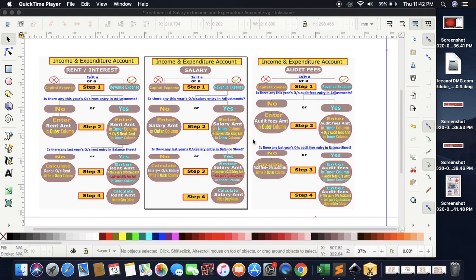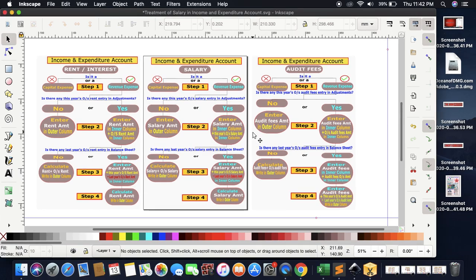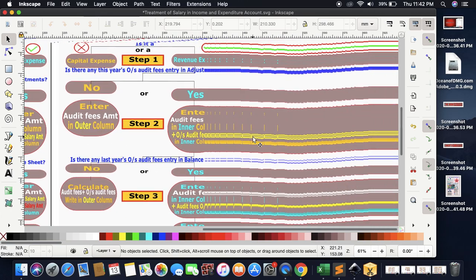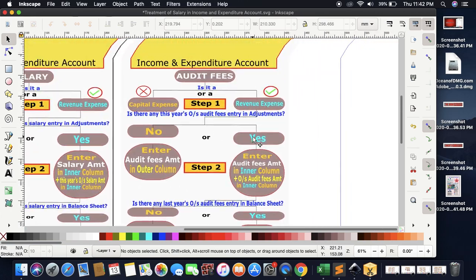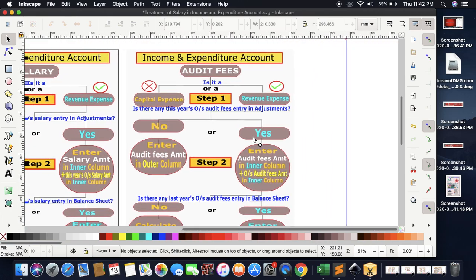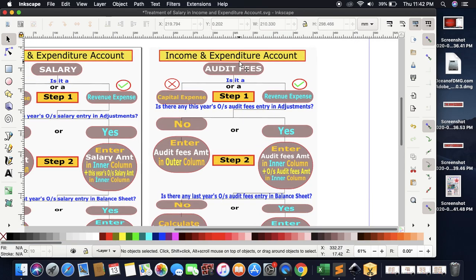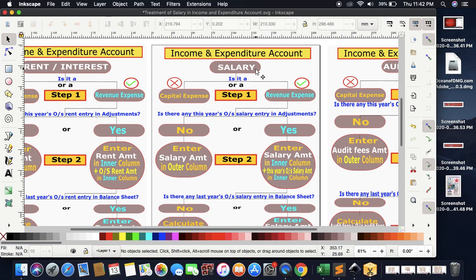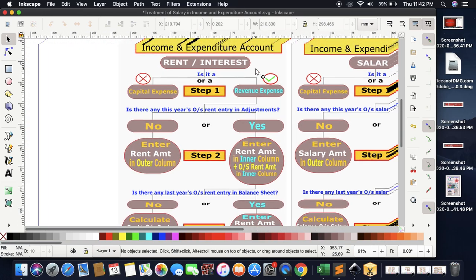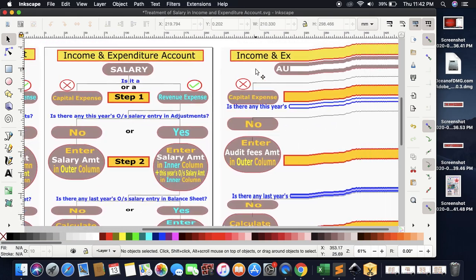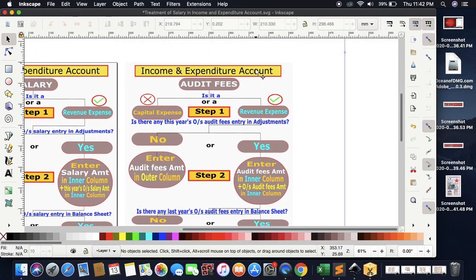Okay, so why I have separated them, I will tell you in a minute. Now, the examples given are audit fee or salary or rent or interest. Basically, these are expenses.